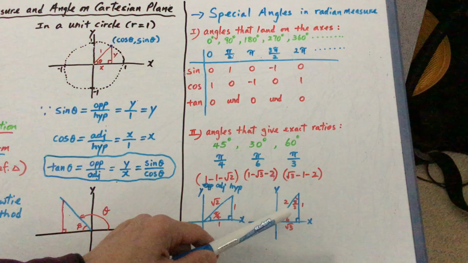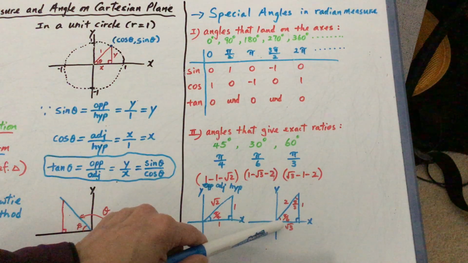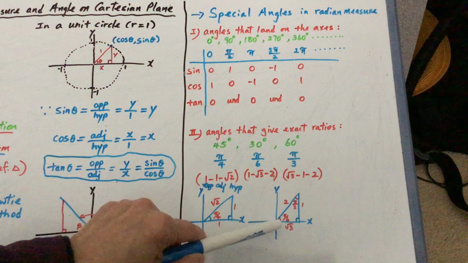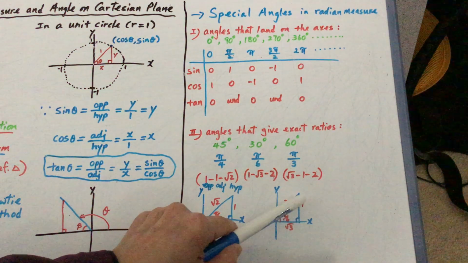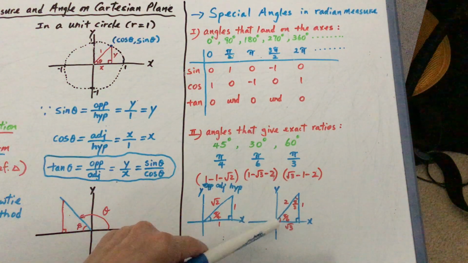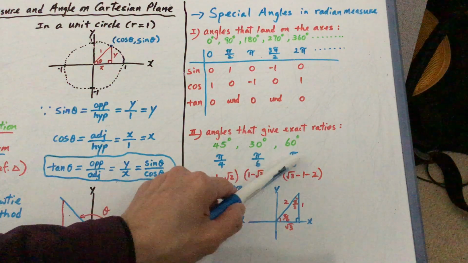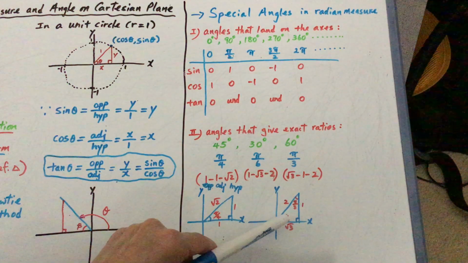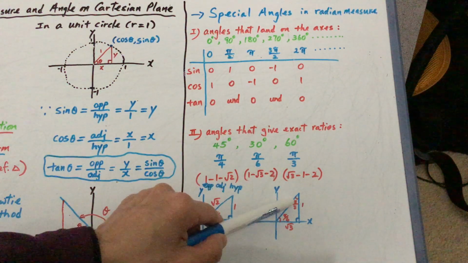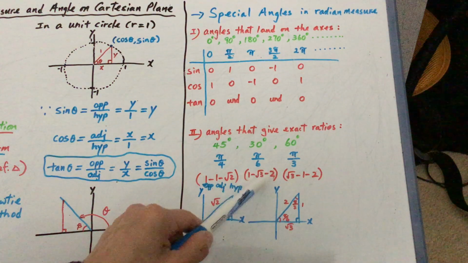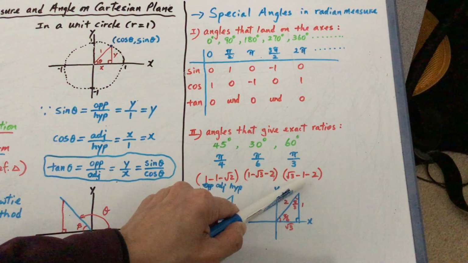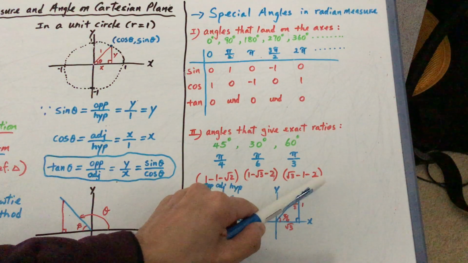And the 30 degree angle is in the same triangle as the 60, because if this is 30 and this is 90, then the remaining must be 60. So whenever you have a 60 or 30 degree triangle, you can look at both on the same reference triangle here. For the 60 degrees, all you have to do is reverse the first two. So the opposite for the 60 will be root 3, the adjacent will be 1, and the hypotenuse will be the same, 2.